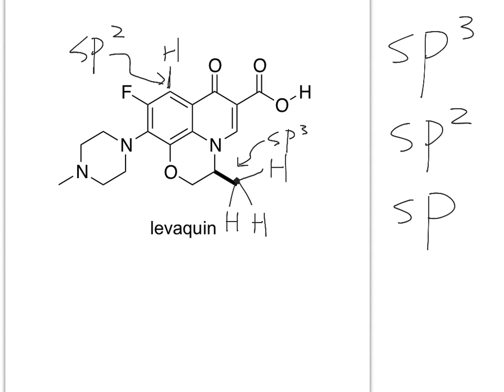We can also identify hybridization on heteroatoms, atoms other than hydrogen or carbon. For instance, for this nitrogen, and again, if you feel more comfortable, and you really should, add the lone pair. This nitrogen forms 3 sigma bonds and also has a lone pair.